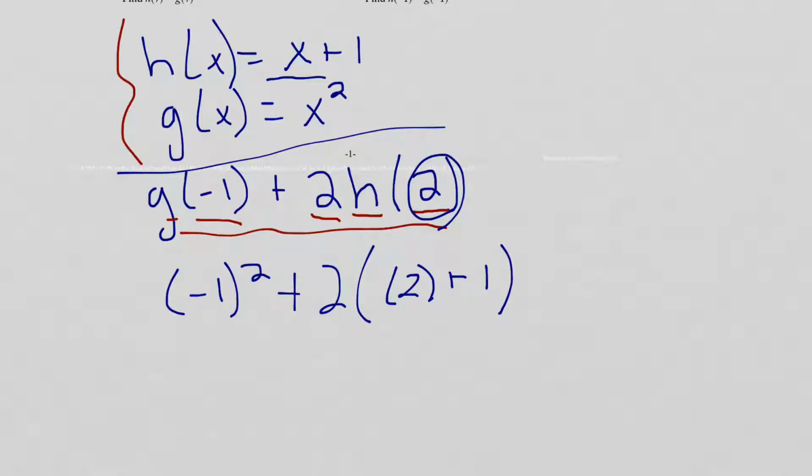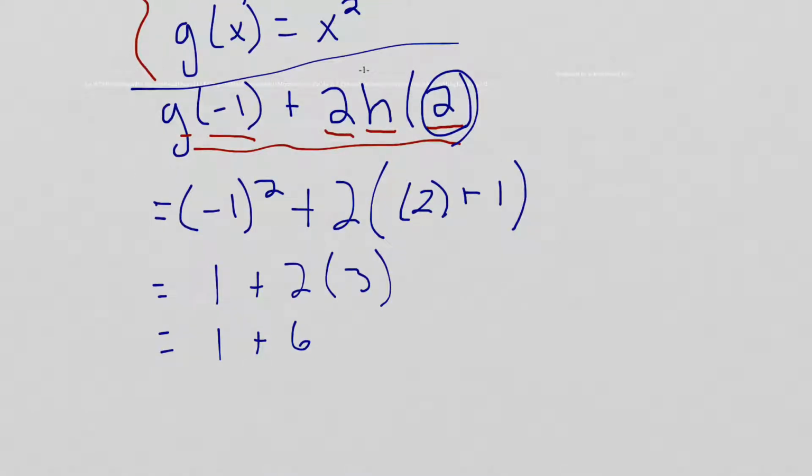So there it is, 2 plus 1. All right, let's sort out the rest. And -1 squared becomes +1 plus 2 times, well, whatever's in this bracket, which is 3. So we get 1 plus 6, and the result is therefore going to be 7.